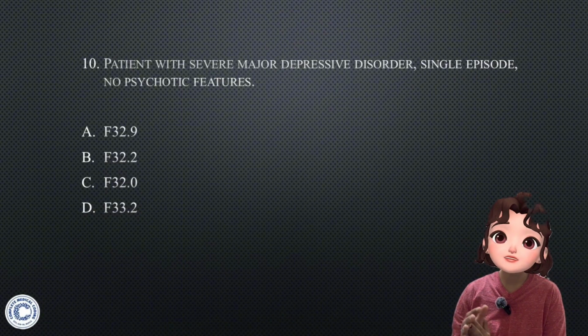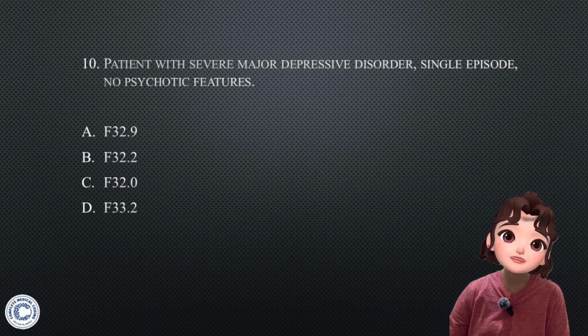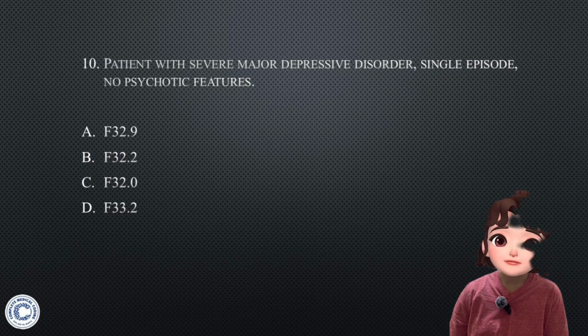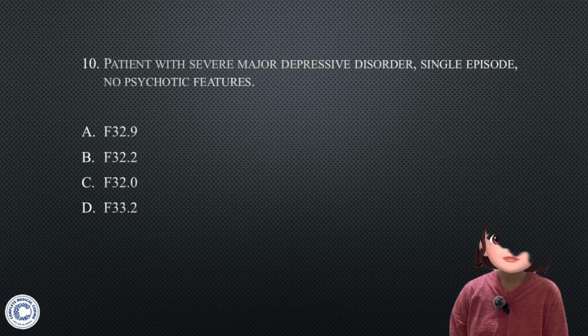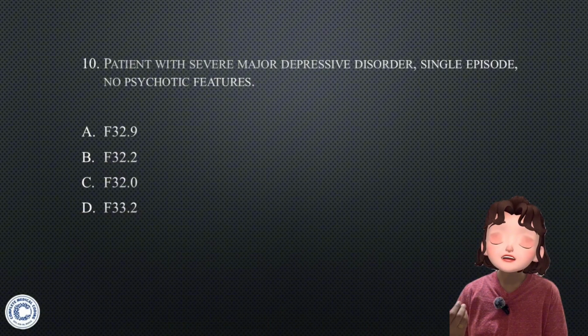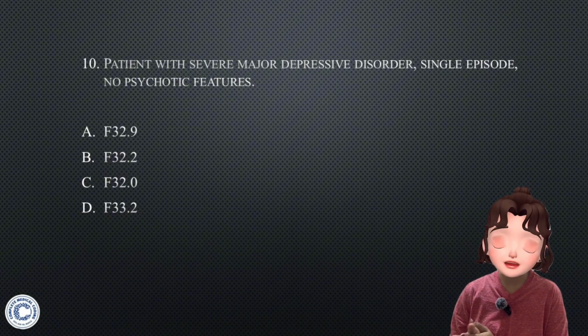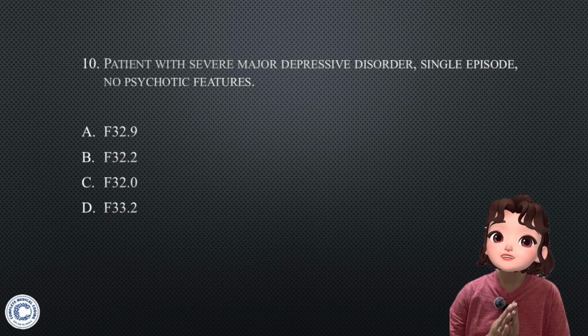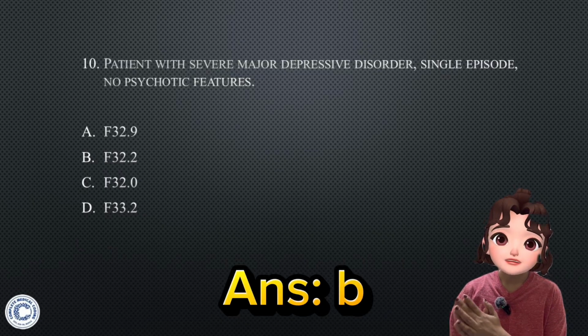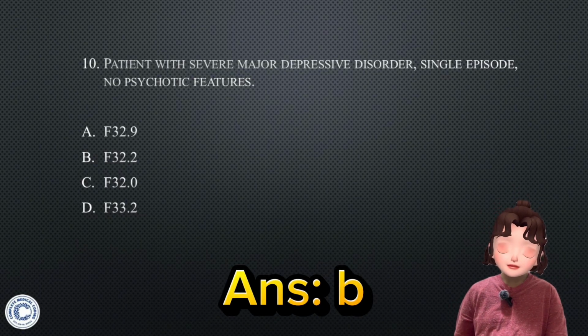Sometimes you feel that option A is correct, and you think, okay, I'll mark option A without checking the other options. But no, don't do like that. You have to go and check the other options as well, in order to make sure that your answer is correct. All right. So here B is the answer.